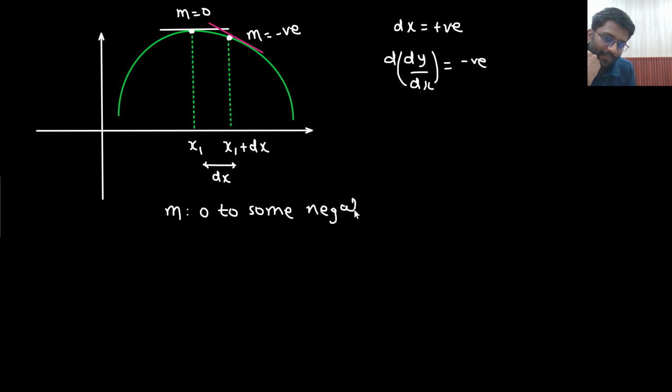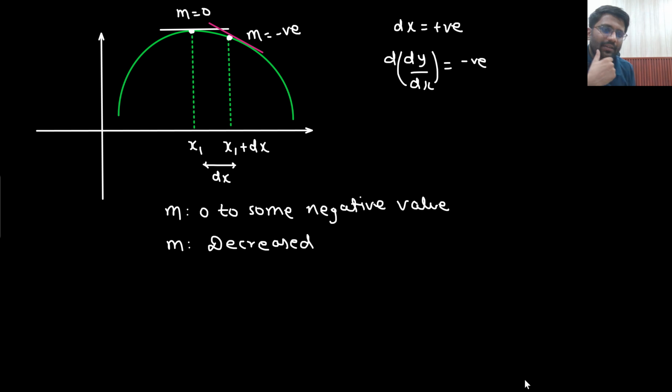What does that mean? That means m has decreased. Say yes or no? m has decreased. If m has decreased, that means d2y by dx2 has to be negative.